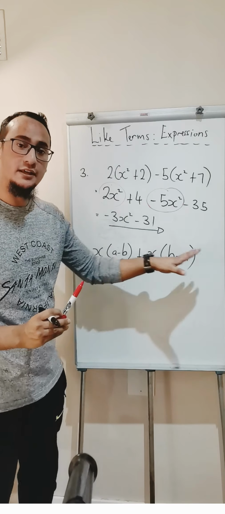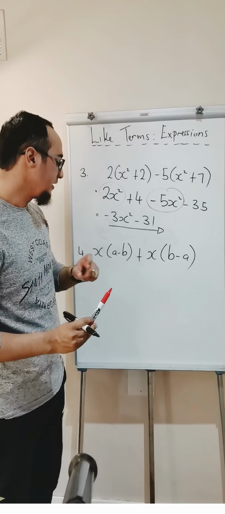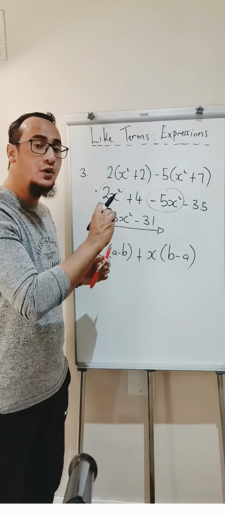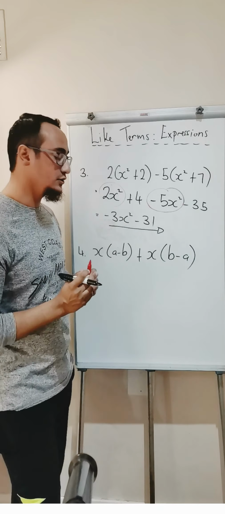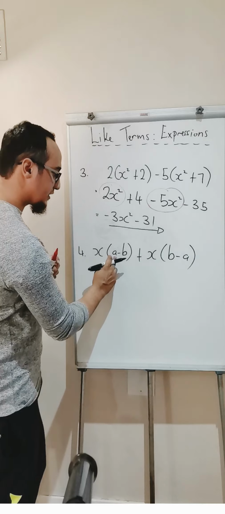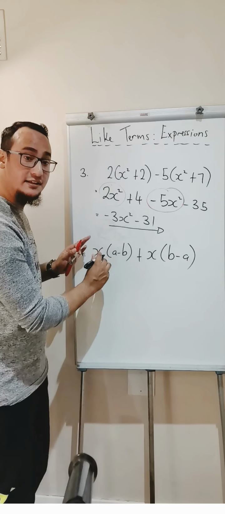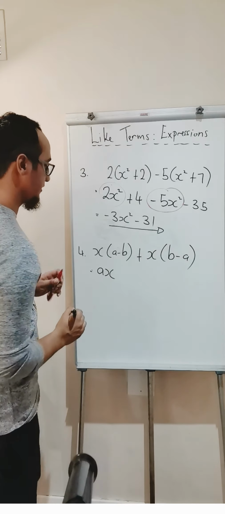Over here, the same exact concept, the only difference is I have letters. Remember, whenever I'm multiplying with letters, it always forms in alphabetical order. X multiplied by A is AX.